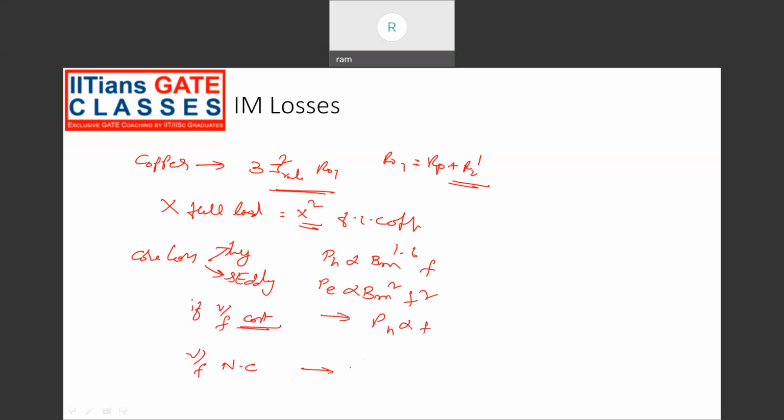If the V by F ratio is not constant, then we substitute V by F in the B max place, and we get hysteresis loss proportional to V squared. Similarly, if V by F is constant, eddy current loss is proportional to frequency squared. If it is not constant, it is also proportional to voltage squared.